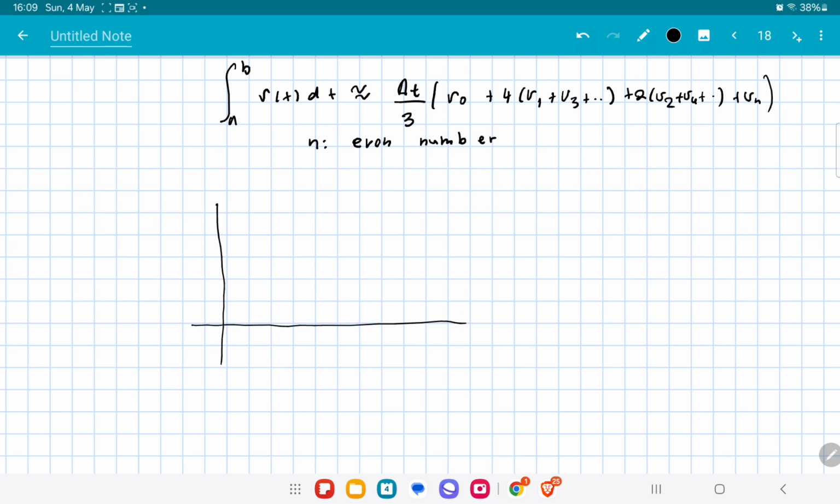We have the graph. Here is 1, 2, 3, 4, and 5. We want the integral from 1 to 5, right? So the graph of the function should behave like this.